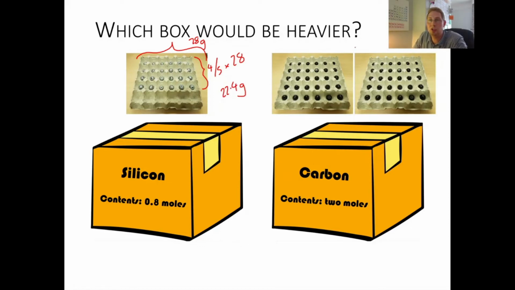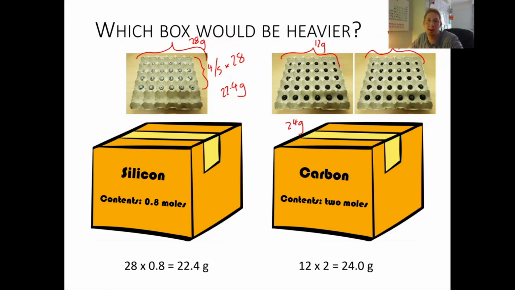Over here we've got 2 moles, each of those moles of carbon weighing 12 grams, so that is 24 grams. Let's see if I've got my maths right. There you go, 22.4 grams and 24 grams.